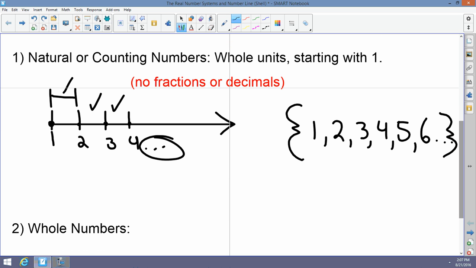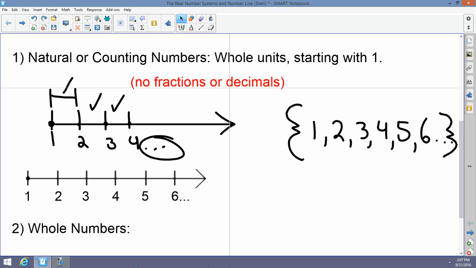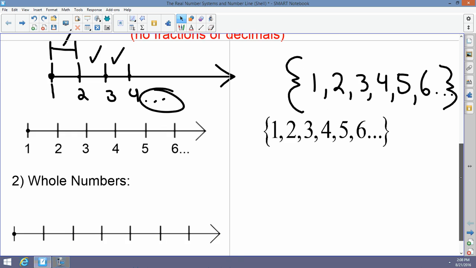Now, just to make it nice and neat, I went ahead and created them digitally, and this would be the number line of natural or counting numbers, and this would define the set of natural or counting numbers. Again, they are whole units starting with 1. All right, let's move on.